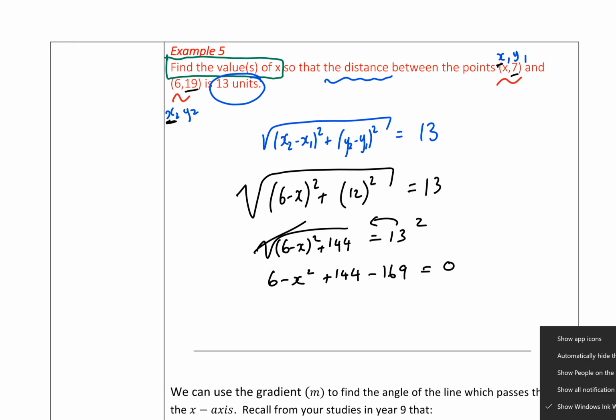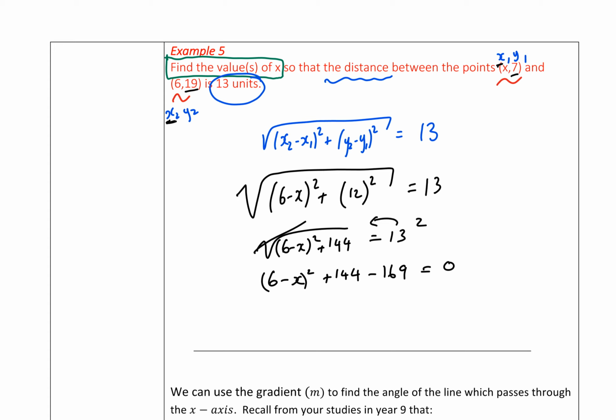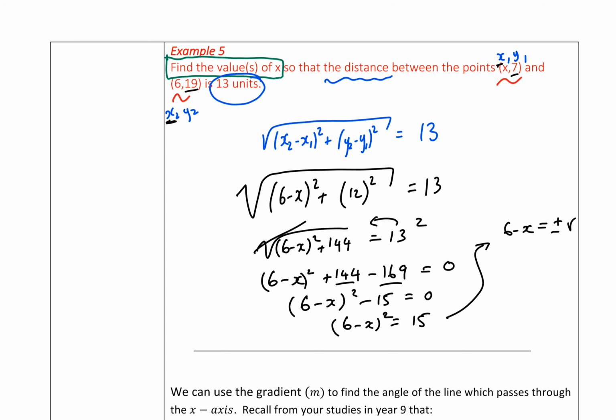So if we're looking at this now, 6 minus x squared, now the difference between 144 and 169 is going to be 15, so minus 15 equals 0. 6 minus x squared equals positive 15. 6 minus x is equal to plus or minus the square root of 15 because x could be a negative number.